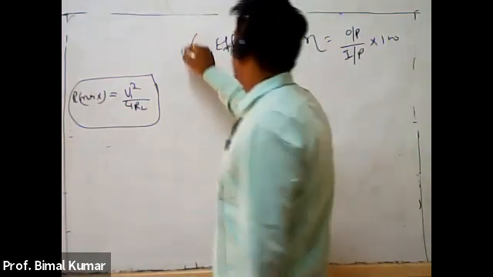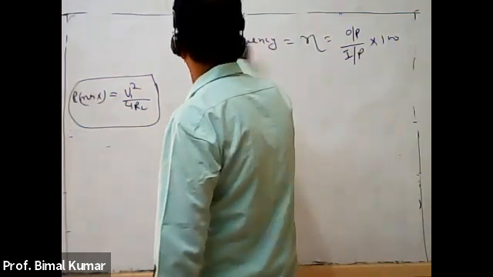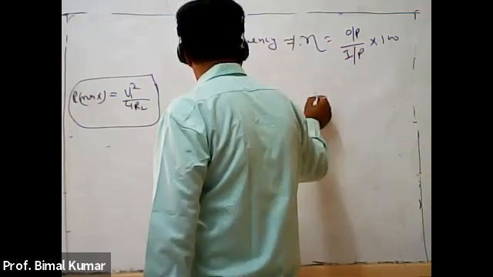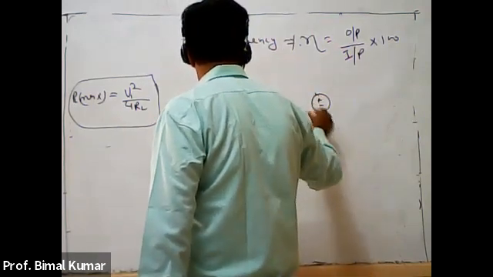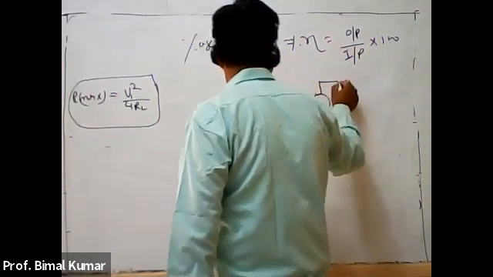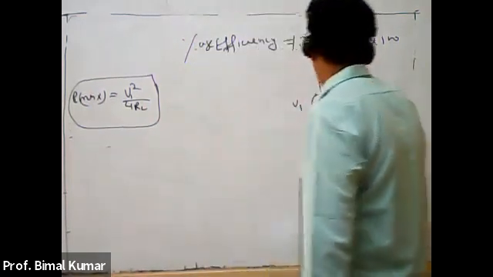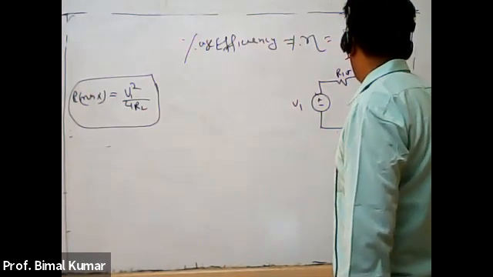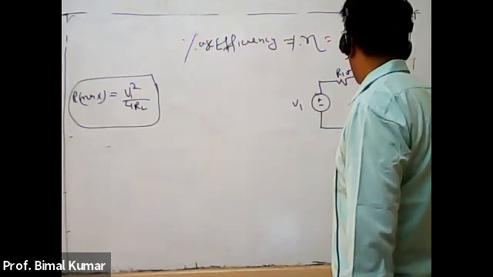Now this will be your percentage efficiency, right? So here, this is your circuit. At the start I had taken it like this, V1, then here it will be R internal, and this will be your RL, right?